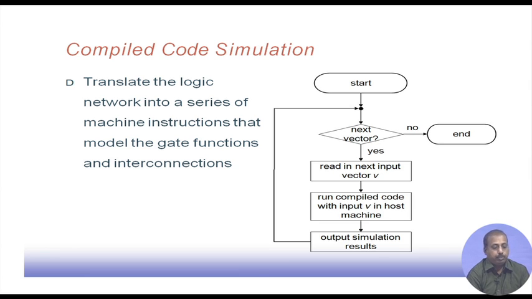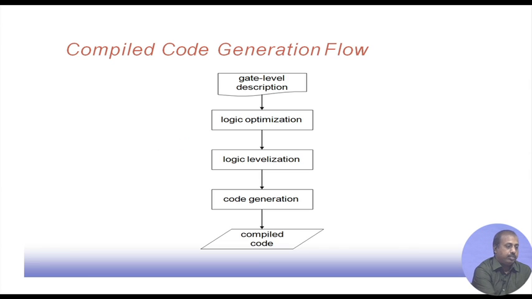Whatever the output of the program is, that is the simulation result. Then again it takes the next test vector and does the same thing till all the vectors have been simulated. This is possible because most machines have instructions similar to the logic gates and elements that we have.